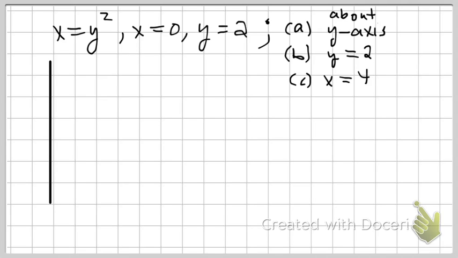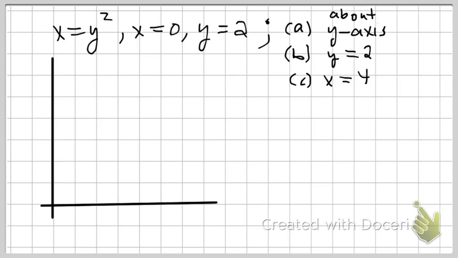So let's try. That was pretty bad. All right, so again, some of these are easy. We've got 0, 2, we've got 0, 0, and we've got 4, 2. Do you guys see where I got those? There's 0, 2. There's 0, 0. There's 4, 2.